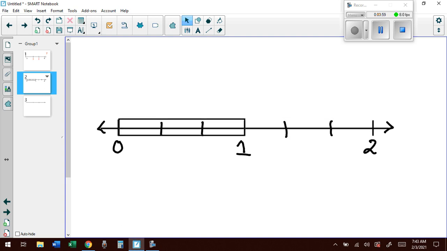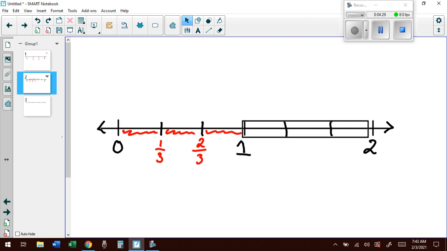Just looking at this candy bar right here, it's broken into thirds, so I have 1/3, 2/3, and 1 whole. This candy bar is also broken up into what?